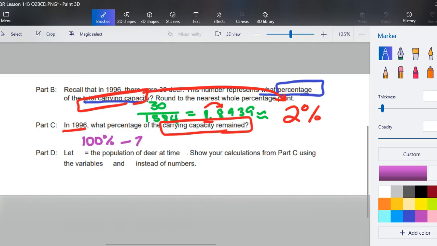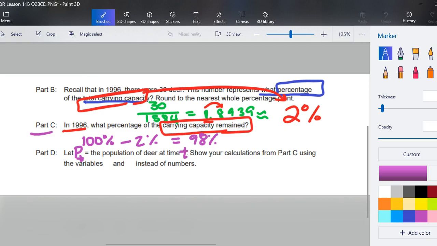If in 1996, we've used 2% of it, then that means how much remains? 98% remains. Then it says, let's let P sub t represent the population of deer at time t.